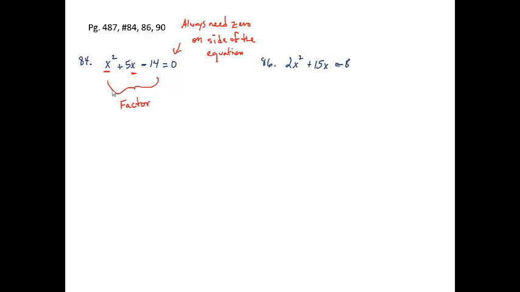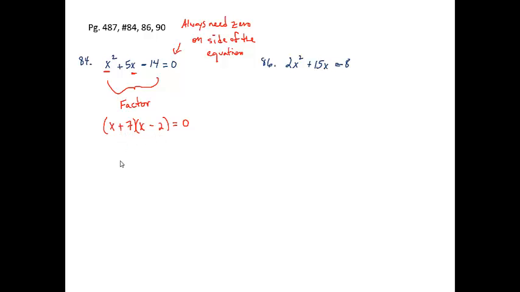And if you need to, on your paper, if you're working along with me, show your steps and verify it. So when you factor x squared plus 5x minus 14, it factors into x plus 7 times x minus 2 equals 0. Factor the left side, leave the 0 on the right side. Hopefully you're factoring this on your paper to verify you got what I got.